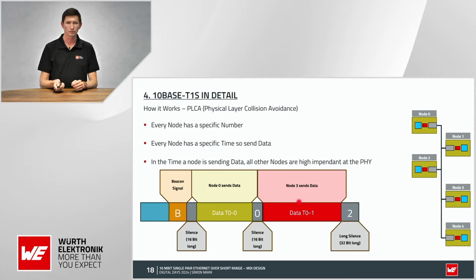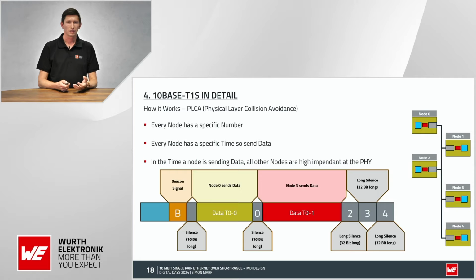Here node 1 is sending data, and after the sending, node 2 has the opportunity to send data, but node 2 doesn't send data, so there is a silence of 32 bits. And also for nodes 3 and 4. Every time one node is sending data, all other nodes are listening.